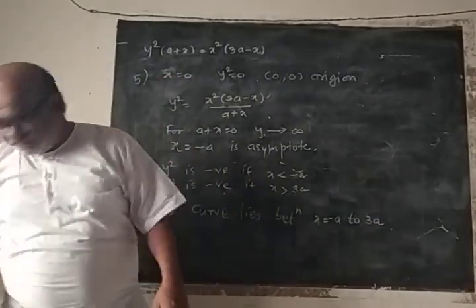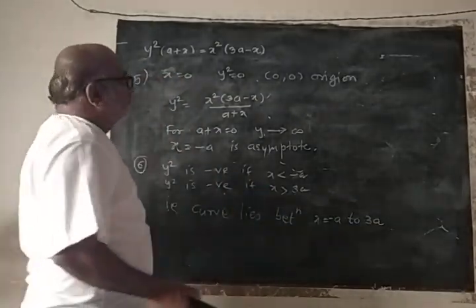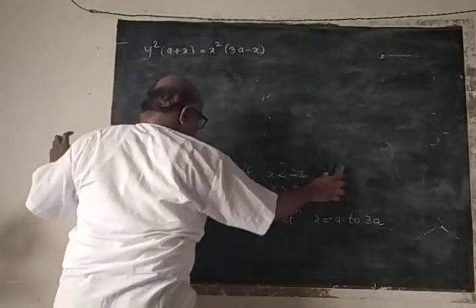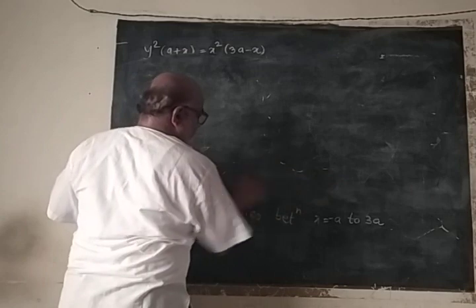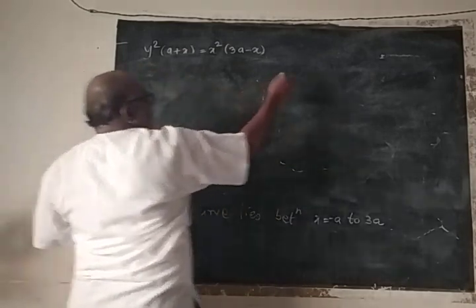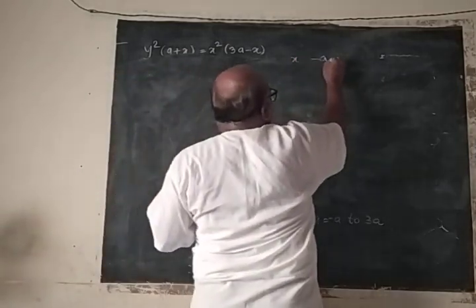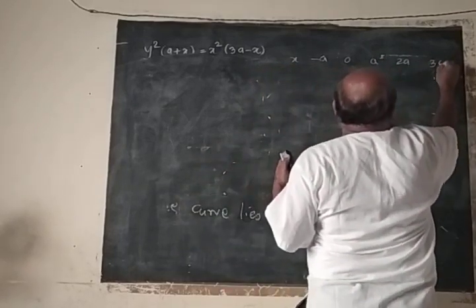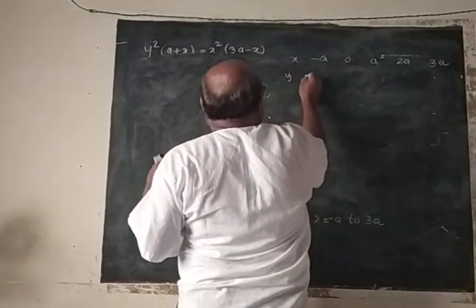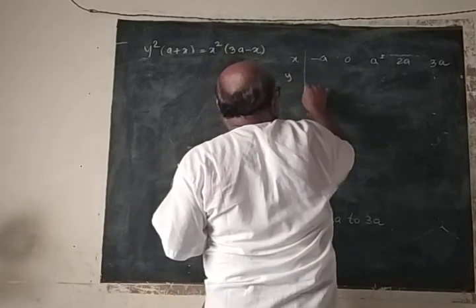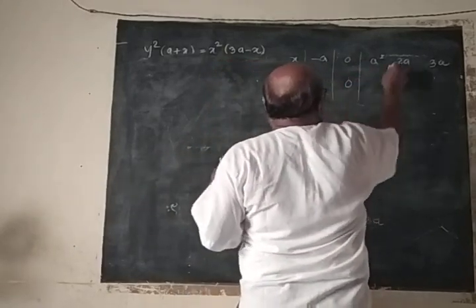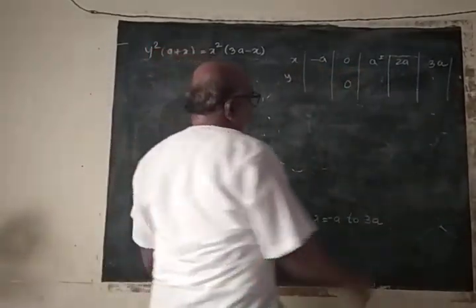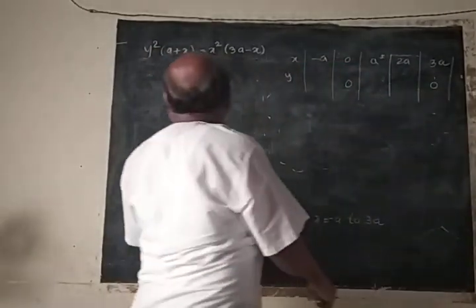Now we'll see what will be the nature of the curve. For that, you may make use of a table for x equal to minus a, 0, a, 2a and 3a. At x equal to 3a, y is 0.